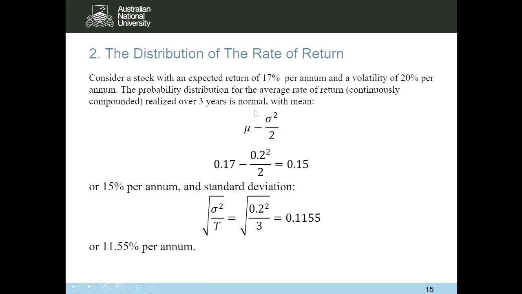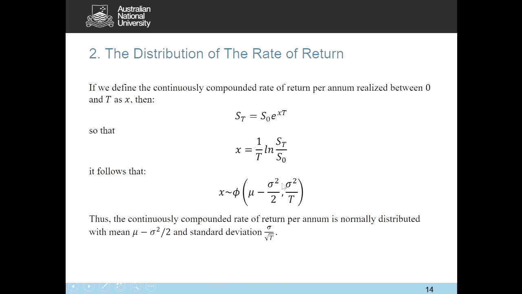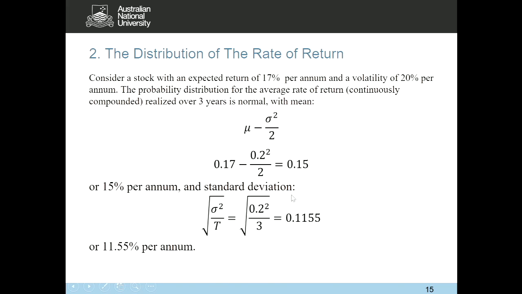So we know the mu is 17% minus, the volatility is your standard deviation, 0.2 square divided by 2. So we get the mean is 15%. And the standard deviation is simply the square root of this term here, the square root of 0.2 square divided by 3 years. So we get the standard deviation is 11.55.